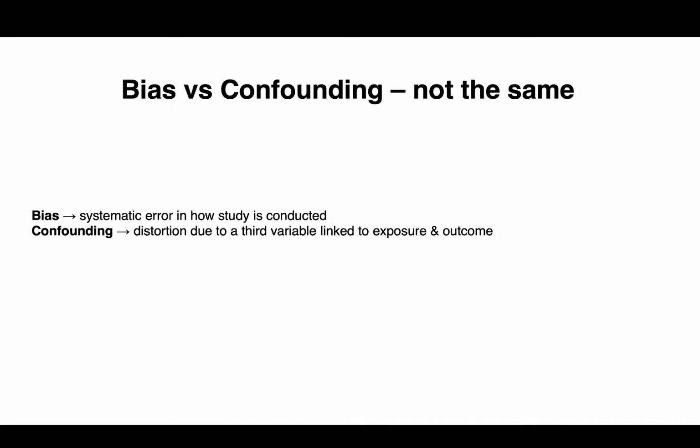So many a times there will be a question that will be asked. Is bias and confounding the same? No, both are not the same. Bias is a systematic error in how the study is conducted, whereas confounding is distortion due to a third variable linked to exposure and outcome.